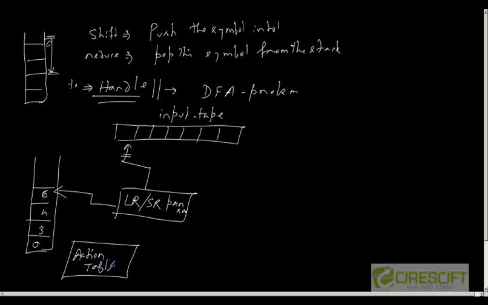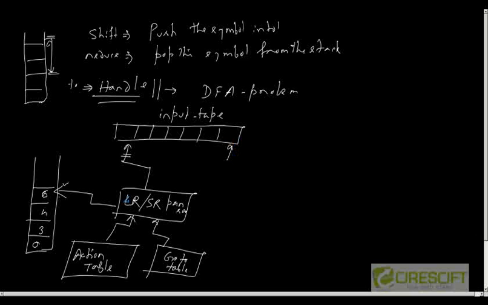There is also another table called the goto table. I will explain what this means. Using these two tables, the current state and the current input symbol, the parser makes certain analysis, and this process continues till the tape reads the final string.